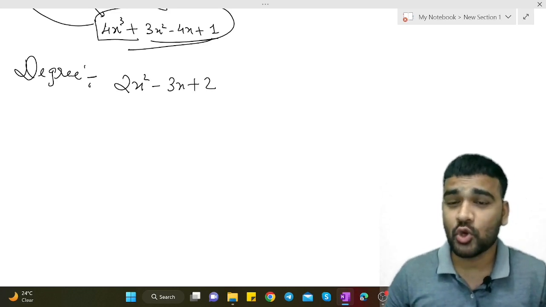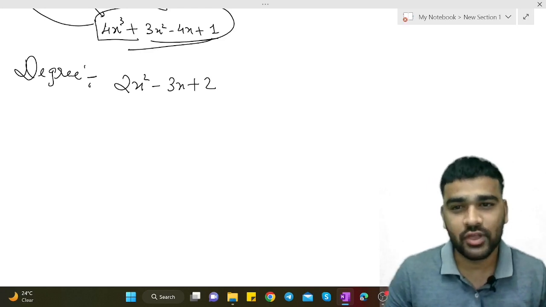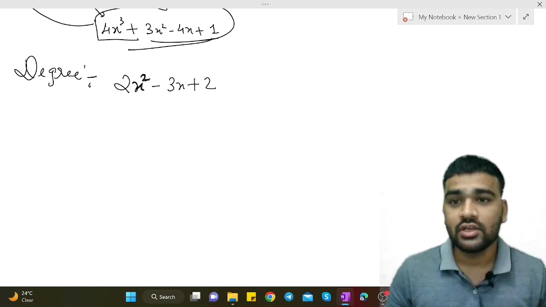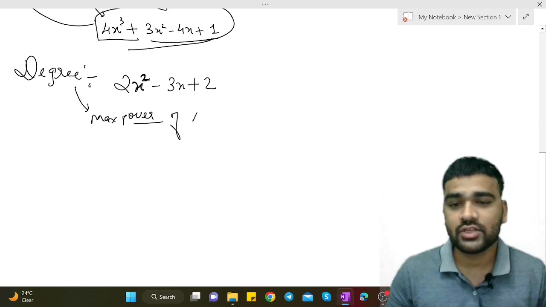Which one is the highest power of the variable? Here you have the variable x, and in the first term you have a square, that means power 2. So degree is the highest or maximum power in the expression.